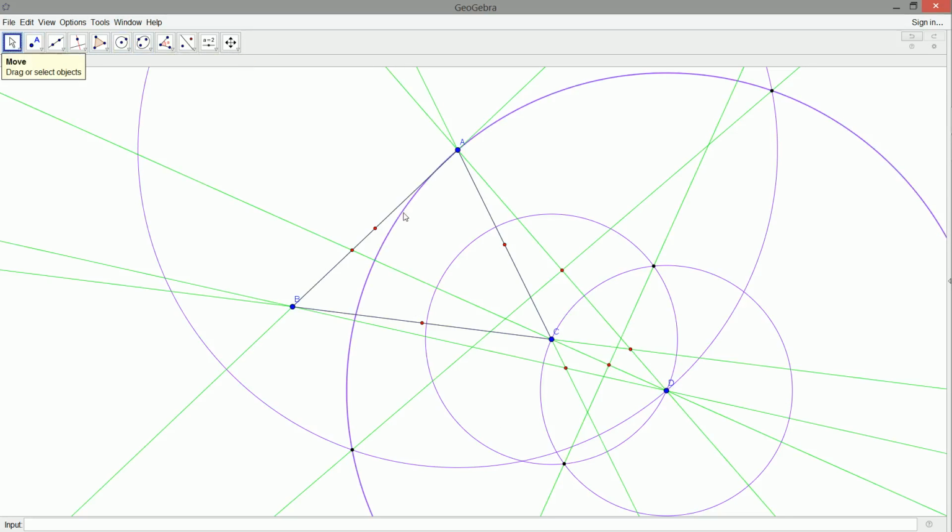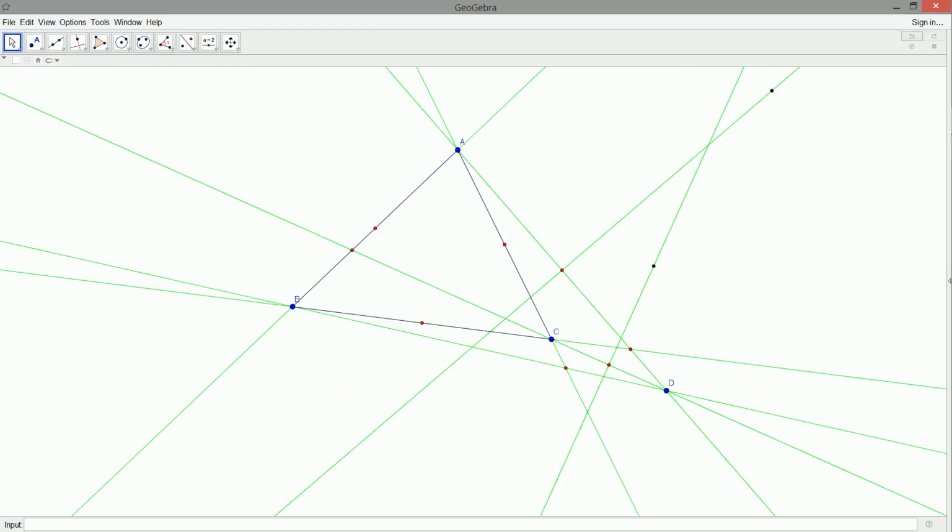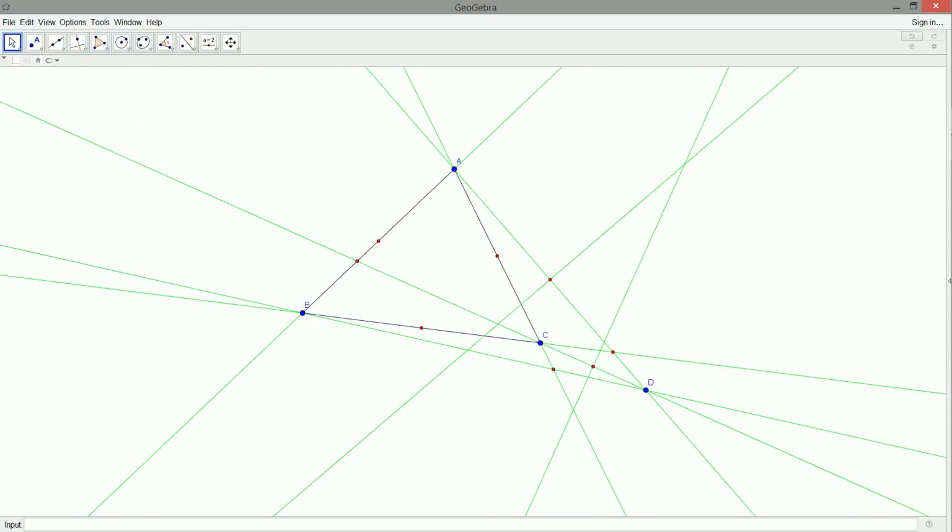I'm going to take the time here to clean things up just because I think the circles are going to get a little messy after a while. So any non-red points can go. There we go, that's looking much better. And now the midpoint of BD.